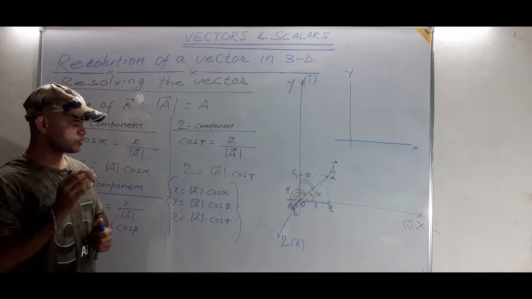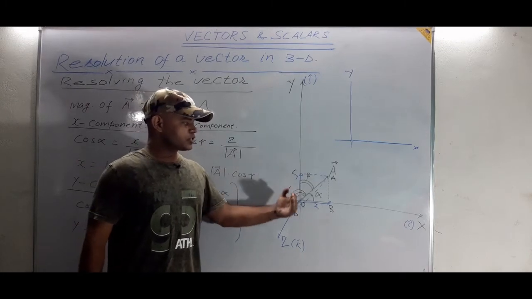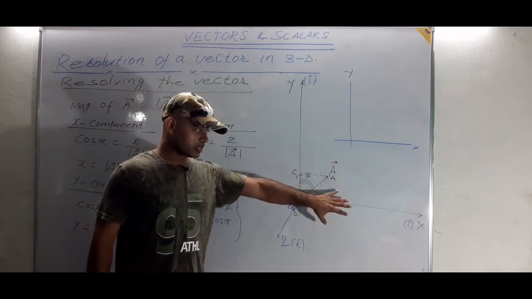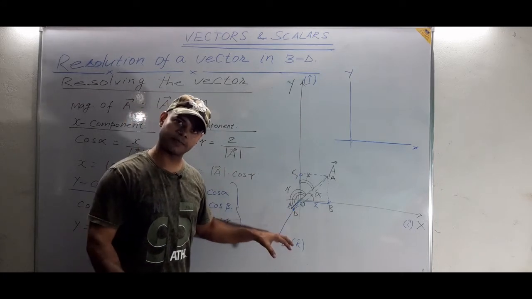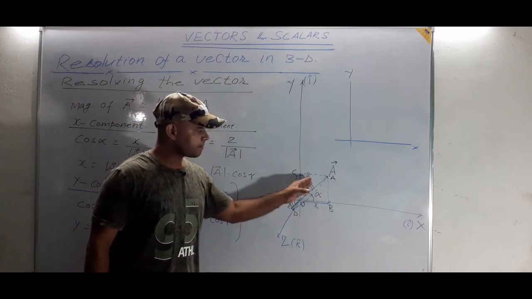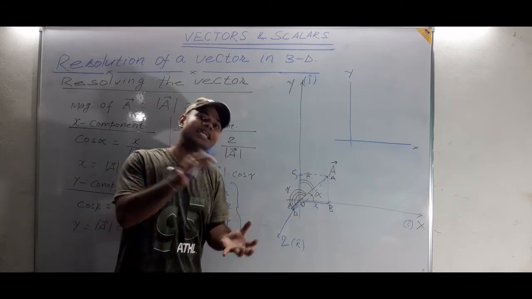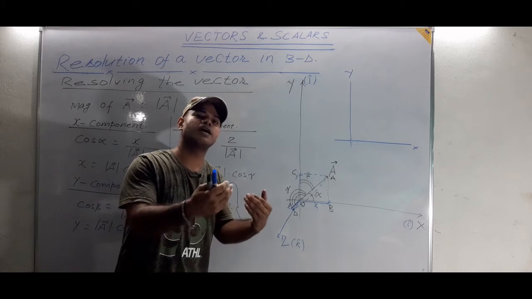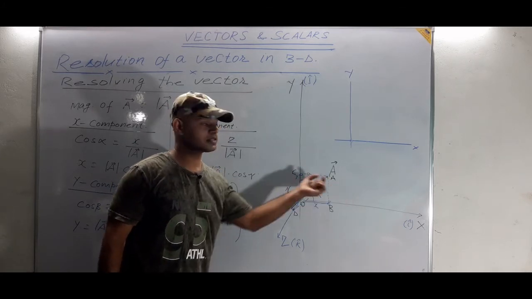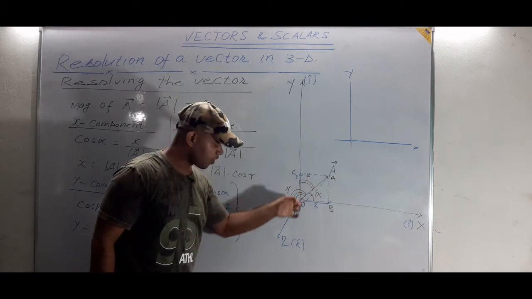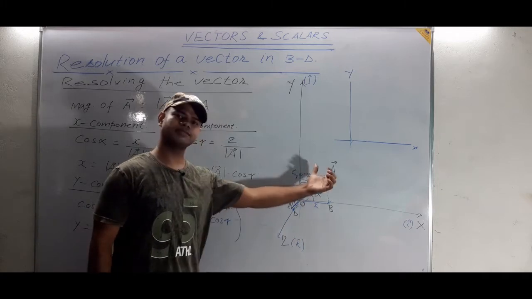One point I want to make clear to you. You always have to measure the angle with respect to the positive x-axis, positive y-axis and positive z-axis only. These angles alpha, beta and gamma can have any values and they will take care of the sign of the components, whether the component is along positive x-axis, positive y-axis, positive z-axis, negative x-axis, negative y-axis or negative z-axis.